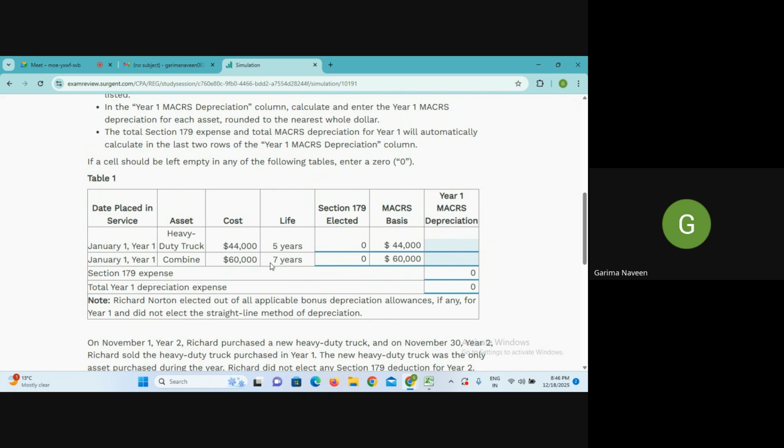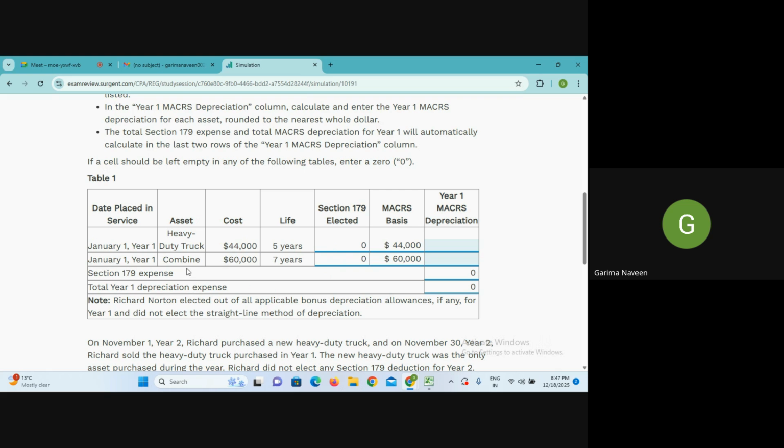Okay. Next thing you have to check is whether it is a case of half year convention or mid quarter convention. If you are putting the property into use any time during the year, then it will by default be subjected to half year convention. But if more than 40% of the property is put into use in the last quarter, then it will be subjected to mid quarter convention.